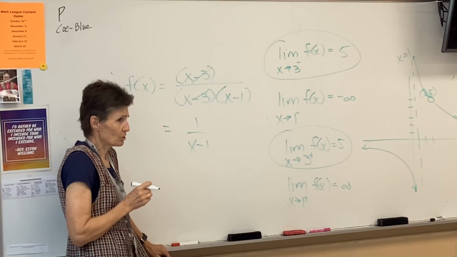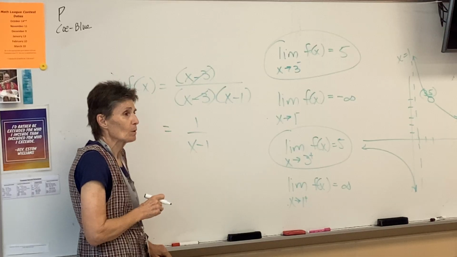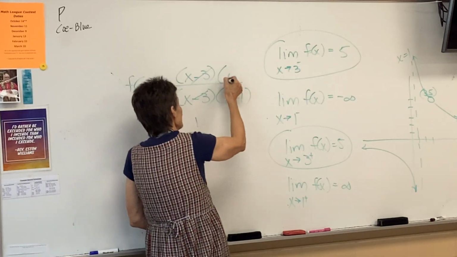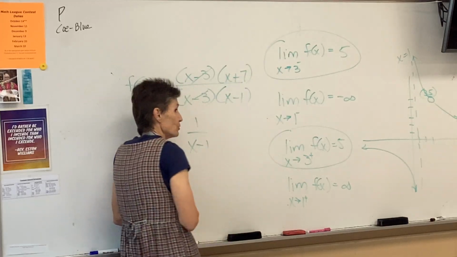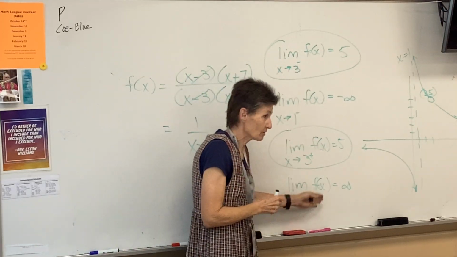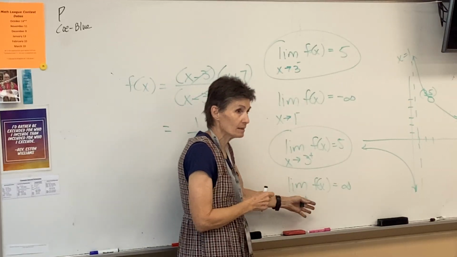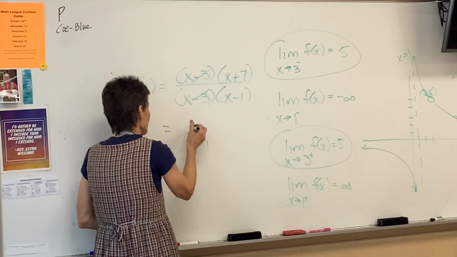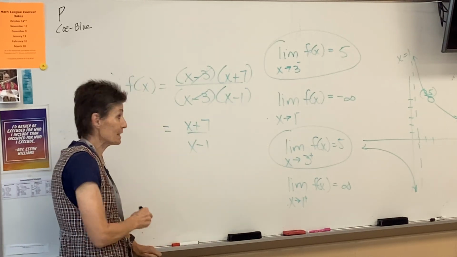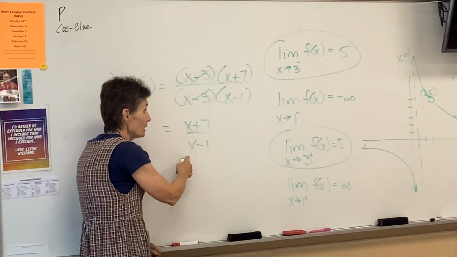All right, so what did you do, you guys work on fixing that? Yeah. What did you do? X plus 7 on the top. Oh, you added another factor to the top. That's fine, there's no restriction on that. And now I would be left with this. And if I put in 3, do I get 5?